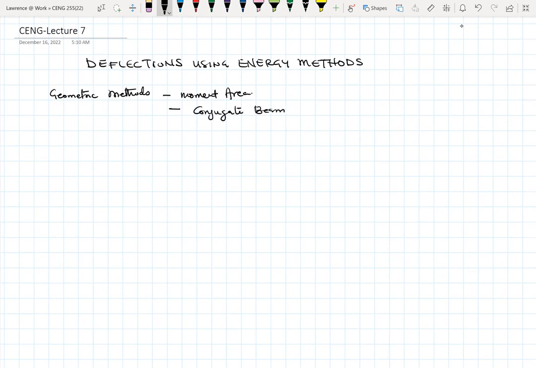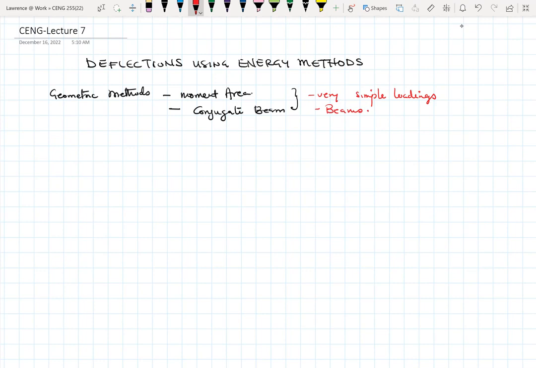These were the methods that we looked at to calculate slopes and also deflections. But one of the key things about these two methods was that they were used for very simple loadings. Nothing too complicated. The loads were fairly straightforward, and they were also mostly for beams. We didn't really do anything outside of beams.